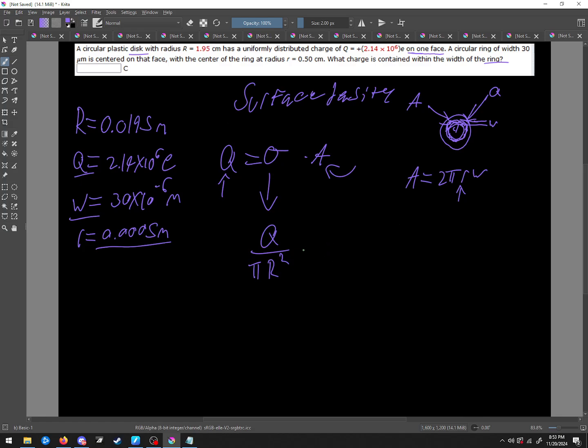And this is going to be times 2 pi RW. And yeah, the pi's will cancel. We have 2 RW. Little q is going to be equal to this. Let's calculate this.